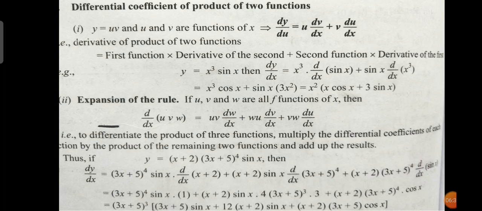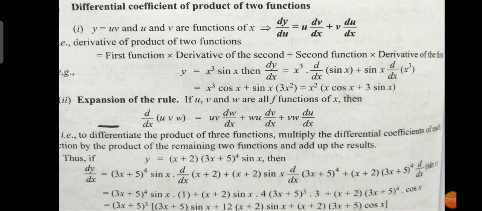It is the product formula, the product rule of differentiation. If a product of two functions of x has been given, then dy/dx is the first function into the derivative of the second plus the second function into the derivative of the first. That is the product formula, the derivative of a product of two functions.